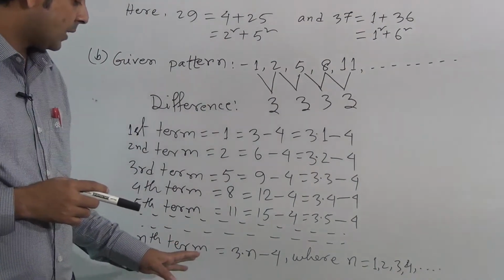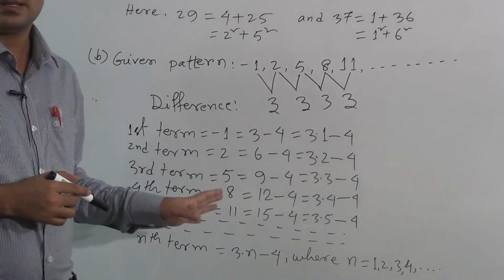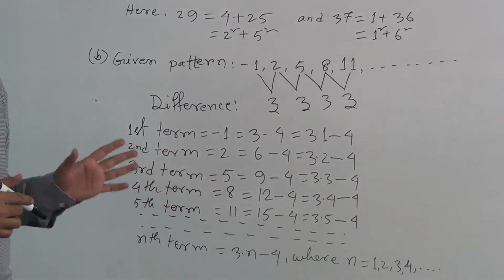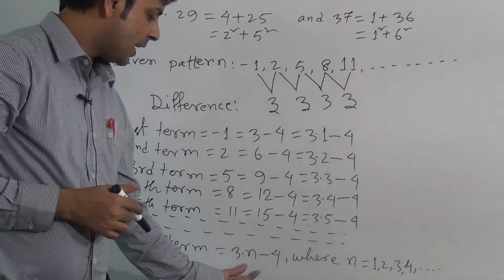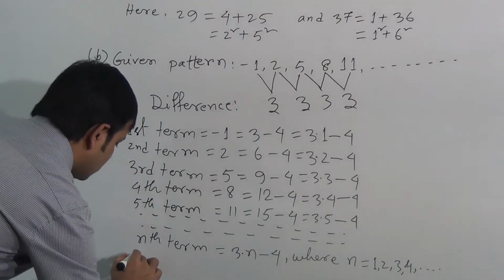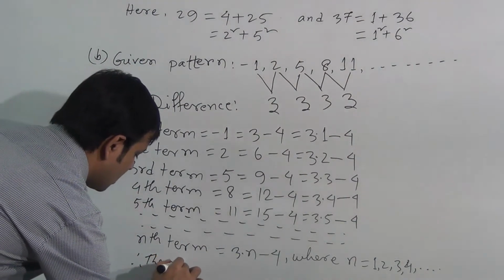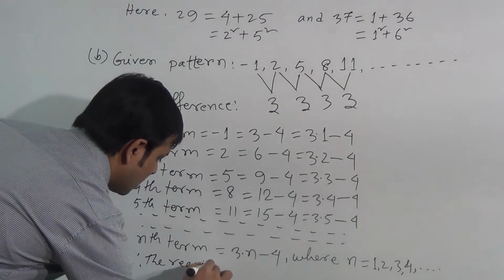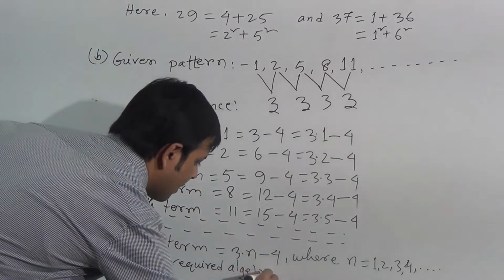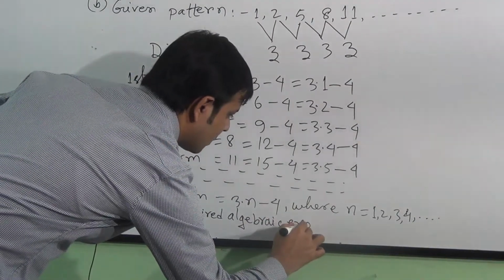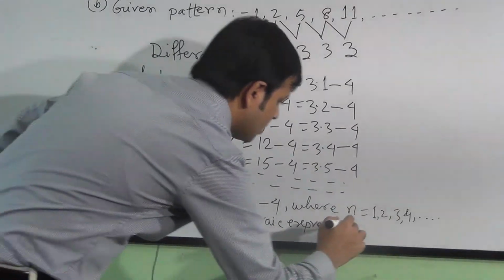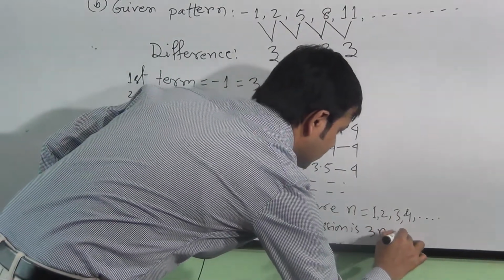Okay, dear students, so the required algebraic expression is 3n minus 4.